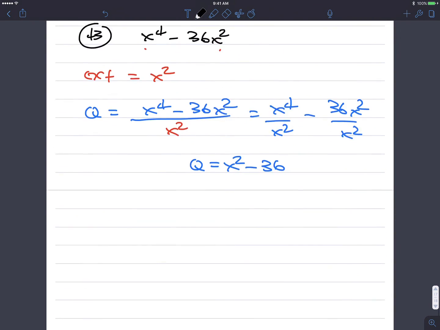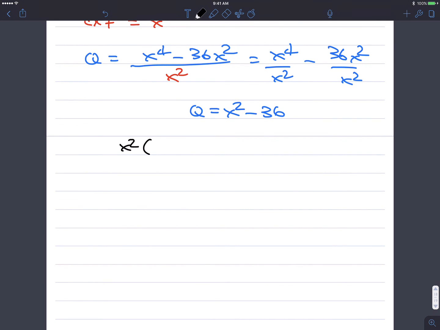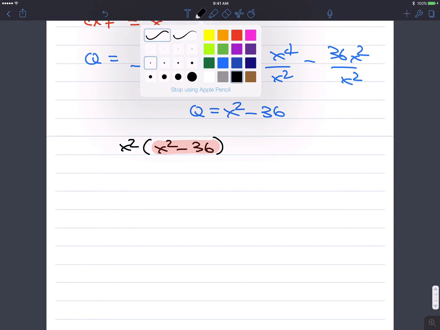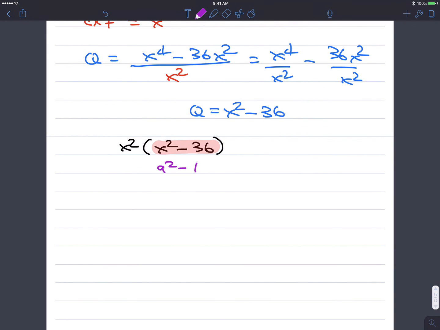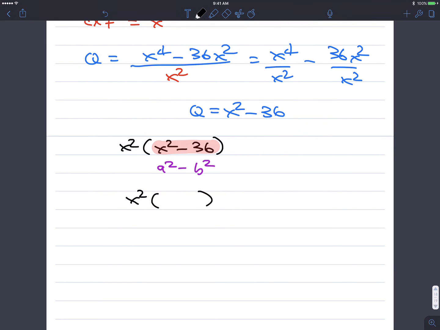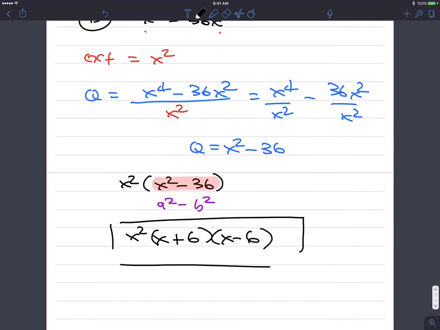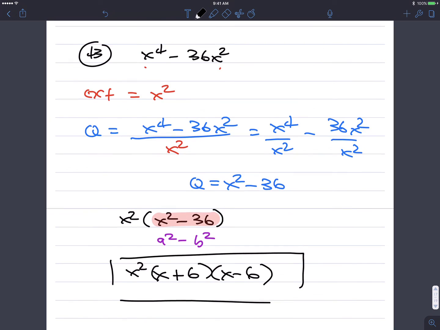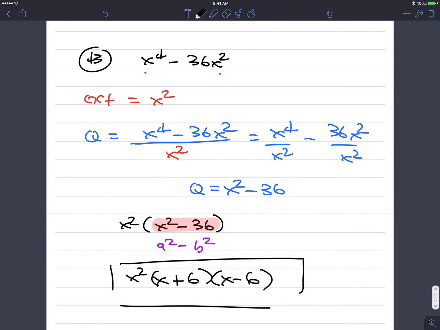Good. Here we go. x squared times x squared minus 36. Factor the quotient. What is the quotient? A difference of perfect squares. How do I factor a difference of perfect squares? x plus, x minus. What's 36? 6 and 6. We're factoring, what's the term? Factoring completely. Good job.